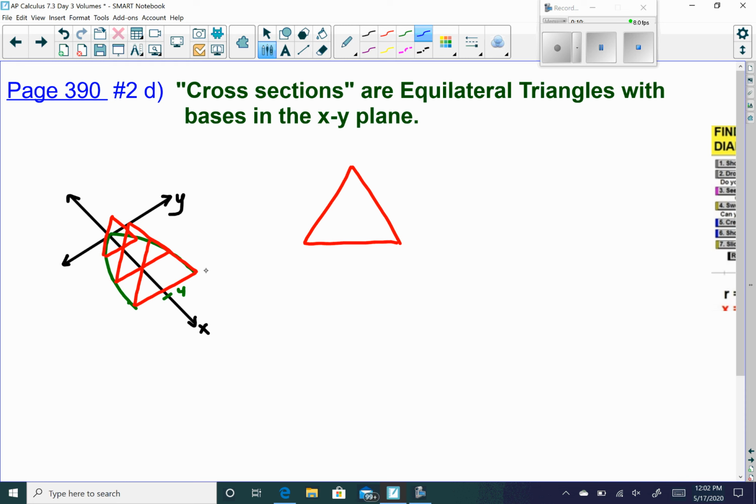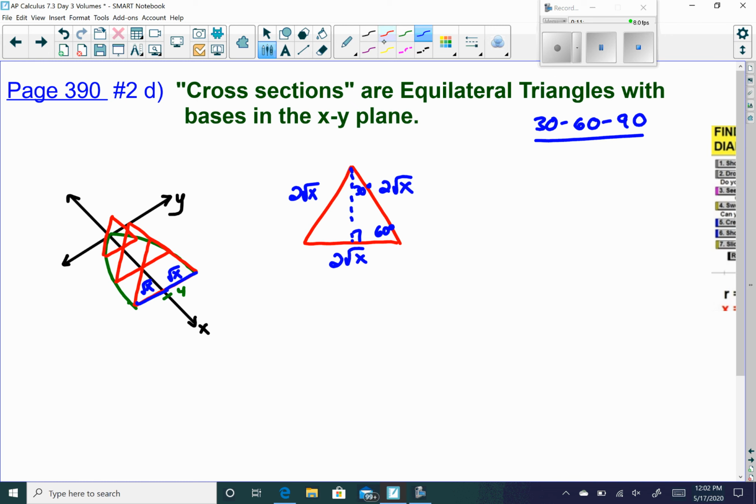Again, the base right here, this is radical x on this side, radical x on this side, so this is 2 radical x. I have 2 radical x for each side. So now I need to figure out the height, because area of a triangle is 1/2 base times height. So now this becomes a 30, 60, 90 triangle. So 30, 60, 90.